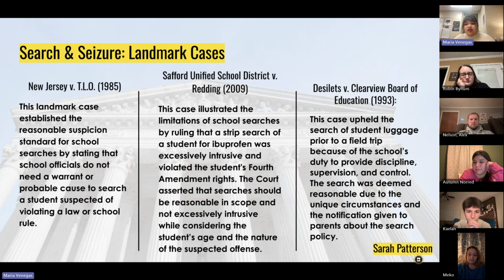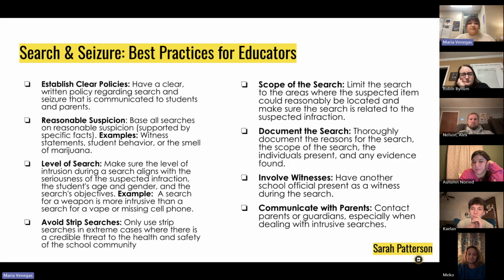In Desselle versus Clearview Board of Education, courts determined that students and their property can be searched during off-campus events such as field trips.